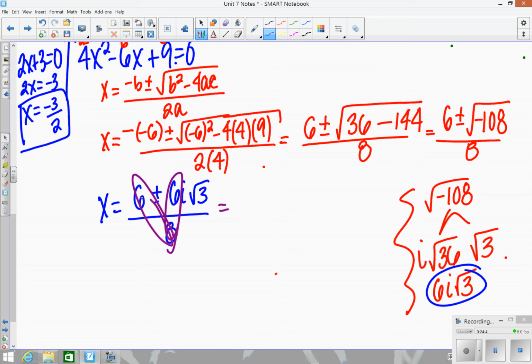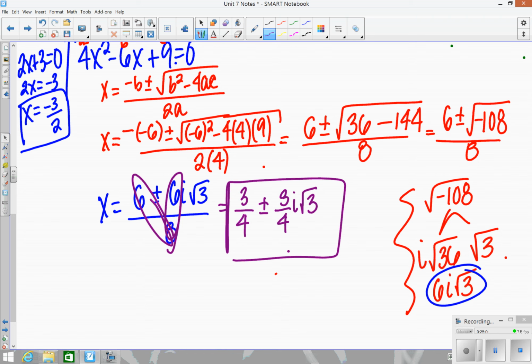If I divide the top by 2, I'm going to have 3. If I divide the bottom by 2, I'm going to have 4. Plus or minus, and I'm going to have the same exact thing. 6 over 8 is going to be 3 over 4 i times radical 3. So you have your second set of solutions.